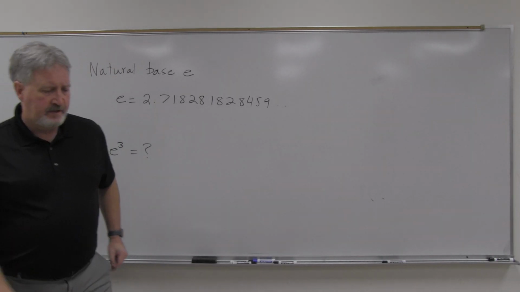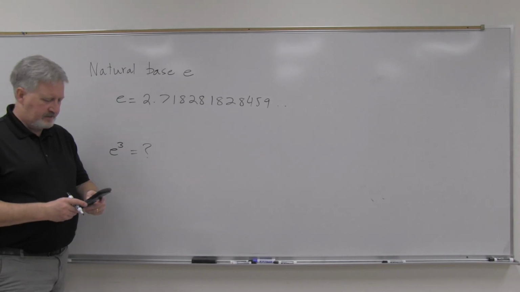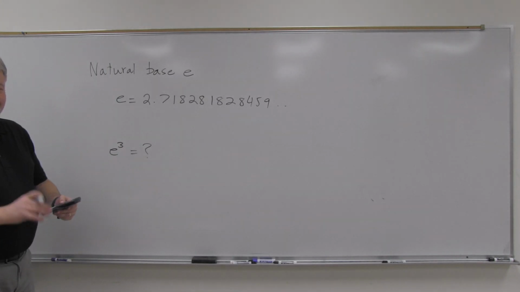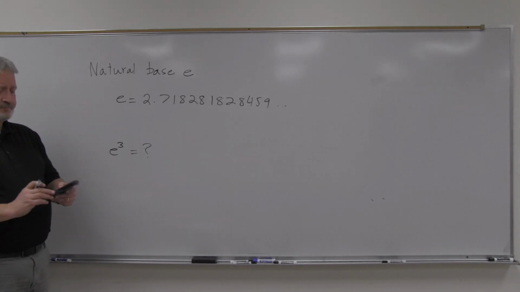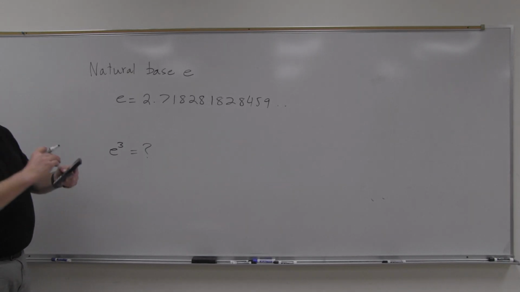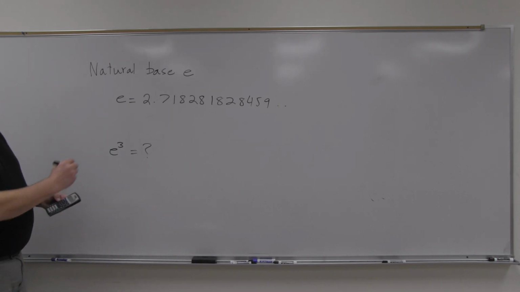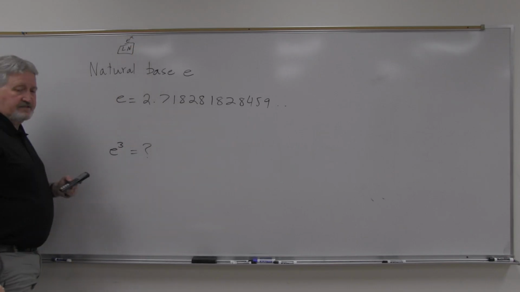e cubed, all right. On mine, you might see an LN button. They tend to run those together, so you look for the LN button. Mine's right above the LN button on my calculator. It's the e to the x button.